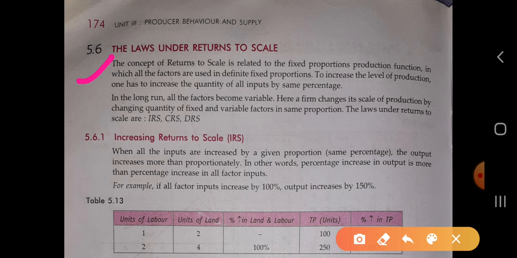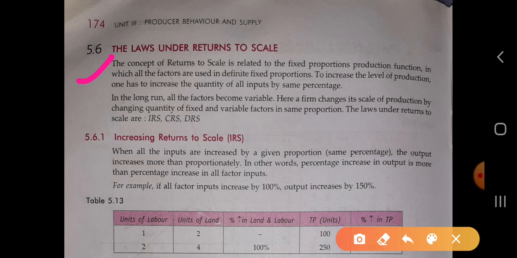Here a firm changes its scale of production by changing the quantity of fixed and variable factors in some proportion. The laws of return to scale are IRS, CRS and DRS: increasing return to scale, constant return to scale and diminishing return to scale.